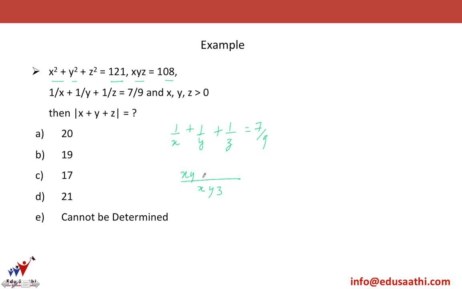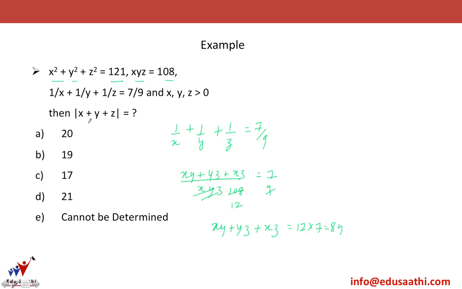Here I'll have xy plus yz plus xz over xyz is equal to 7 by 9. But I already know that xyz is equal to 108. So I can delete this xyz here and write 108 instead. 9 12s are 108. So I have xy plus yz plus xz is equal to 12 into 7, which is nothing but 84.